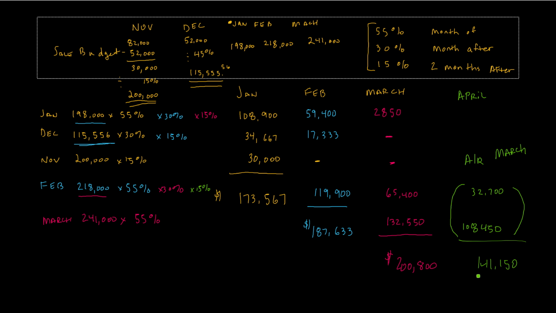We have to say that the accounts receivable as of March 31st is 141,150, and of this, 108,450 represents March's sales. We can figure out what February's sales were, and we know what March's sales are. They would have to give us April, May, and June. Hopefully that makes sense. It made sense in my head, but if not, just let me know and we'll figure it out.